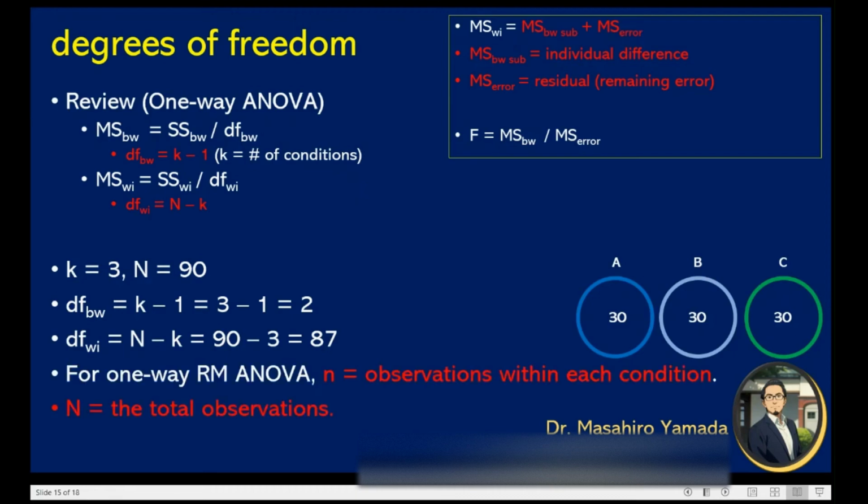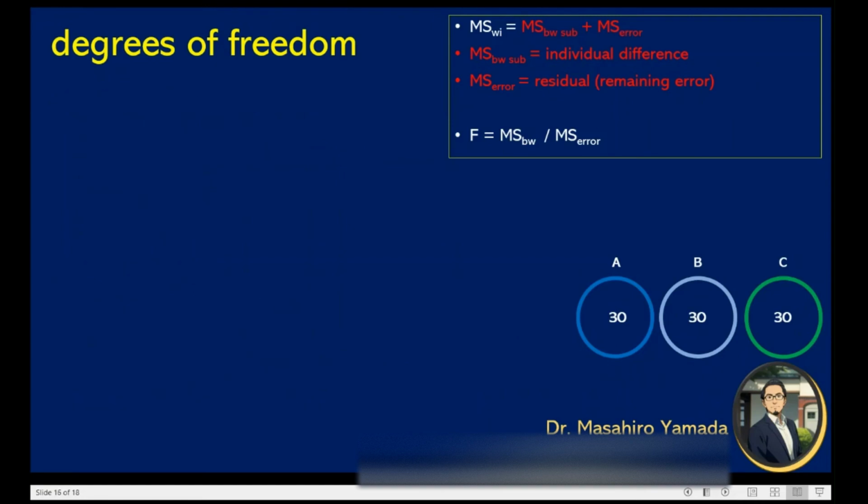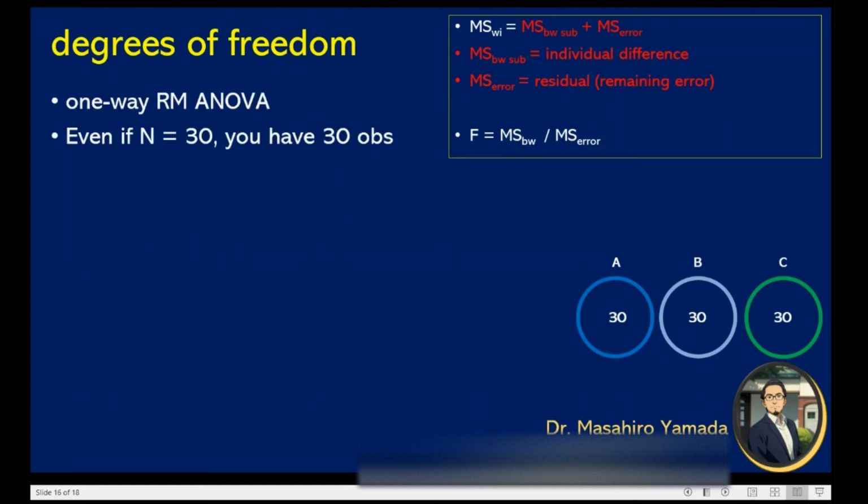In one-way repeated measure, lowercase n indicates the number of observations within each condition, and capital N indicates the total observations. So if you recruit 30 participants, even though you only have 30 participants, because you measure the same participants three times, you will have a total of 90 observations.